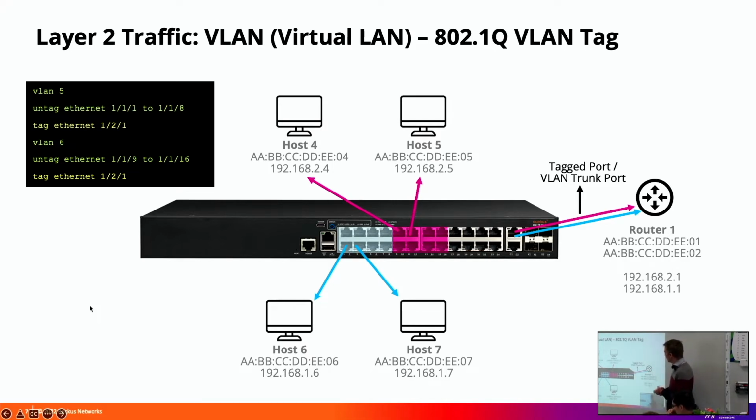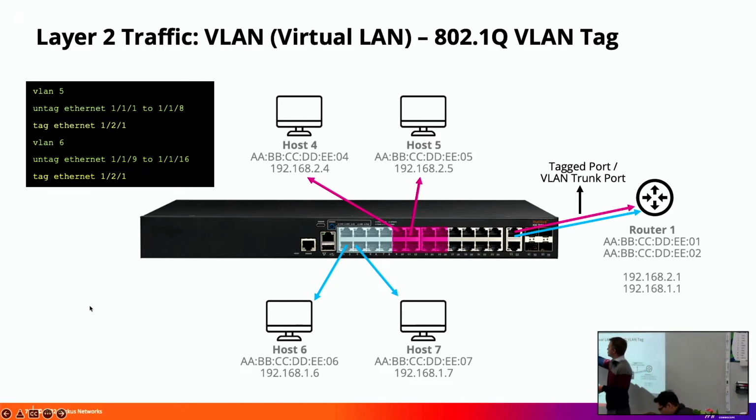What we do is we have a special port on the switch, which is configured as a tagged port or a VLAN trunk port. If you're coming from Cisco terminology, they call it a VLAN trunk port. We call it a tagged port. So in our configuration, where previously we had VLAN 5 and VLAN 6, we had the untagged ports, from 1 through 8 and from 9 through 16.